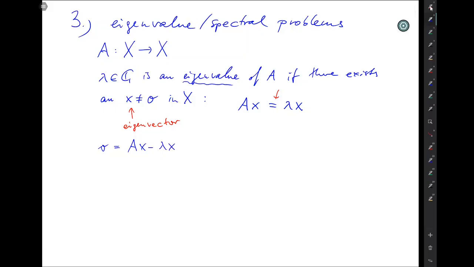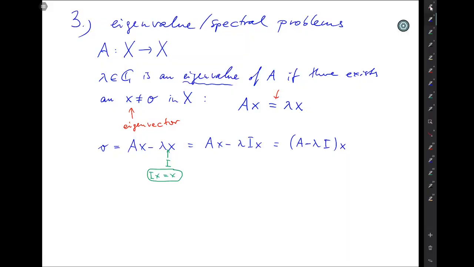Now the trick is to squeeze an identity matrix in here, because Ix is just the same as x. So if you do this, then this says Ax minus lambda identity x, and now you can just factor out a minus lambda identity, it's a minus sign, times x.